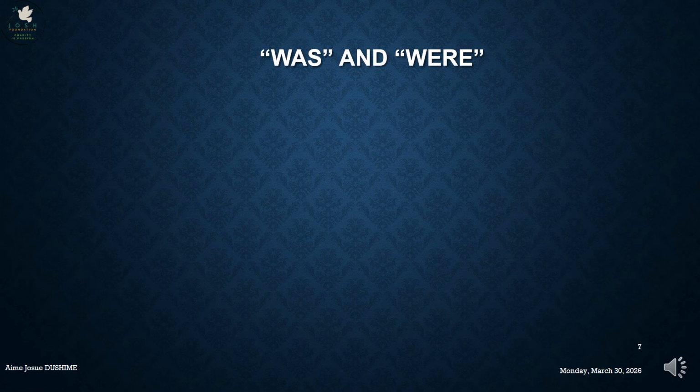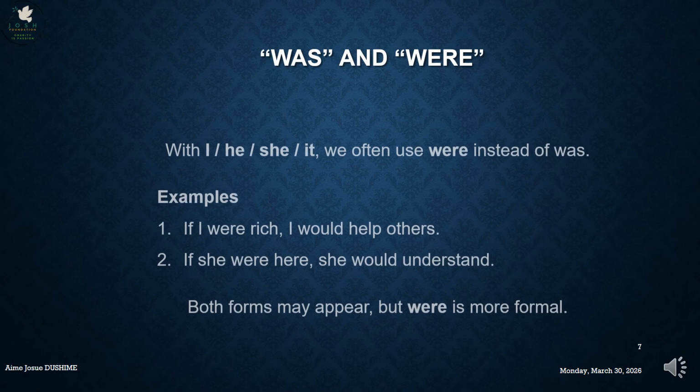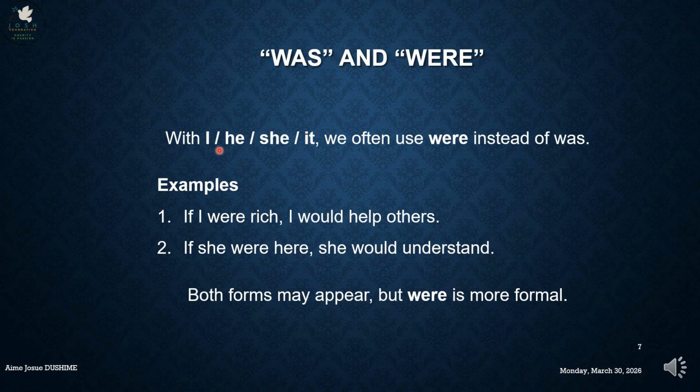Let's see was and were in the second conditional. With I, he, she, it, we often use were instead of was. Remember, in past simple, with the subject I, we say I was. It is different in the second conditional.